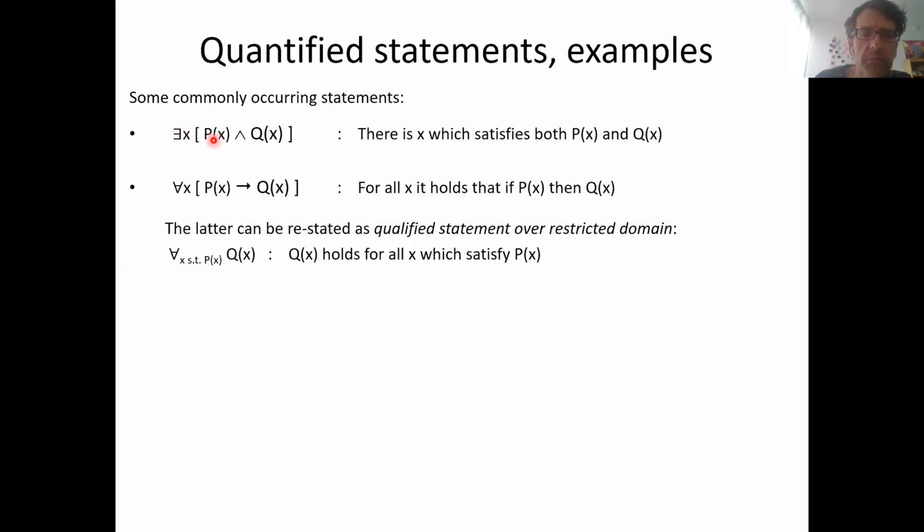So somebody could say, there exists an x which makes the following true. In other words, it satisfies both the P(x) predicate and the Q(x) predicate, right? These are two different conditions on x, and this statement says that both conditions are met. A very natural thing.